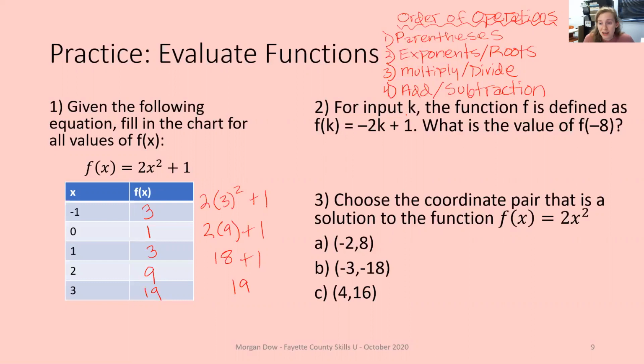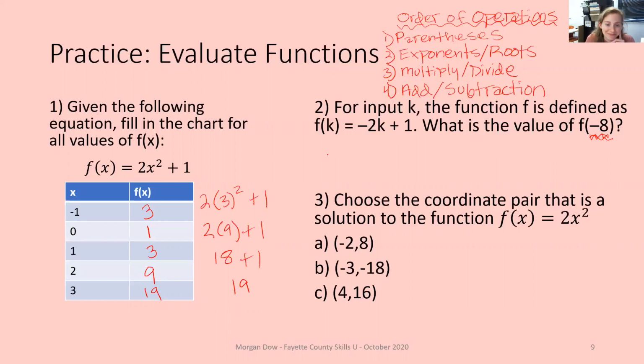Here, instead of using x as our input variable, we're using k as our input variable. So we have f of k equals -2k plus 1. And then we want to evaluate this for an input of -8. So f of -8 means that we should input -8.